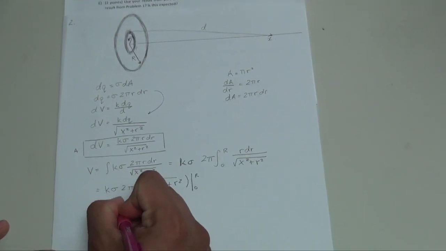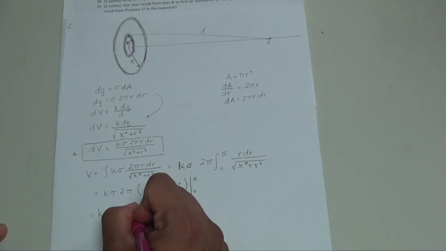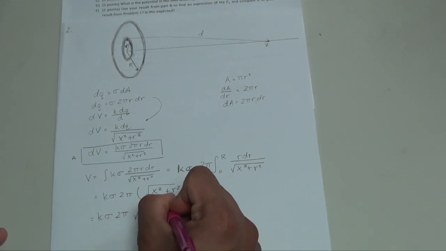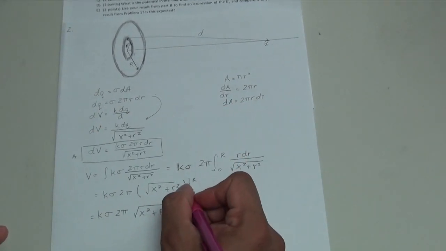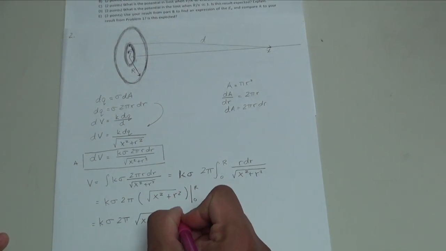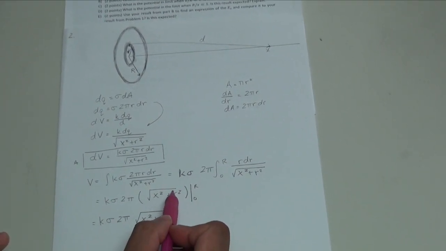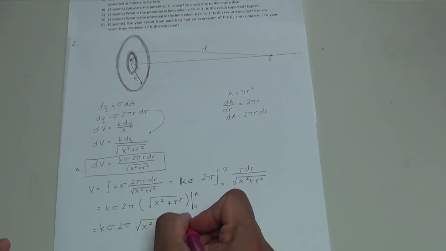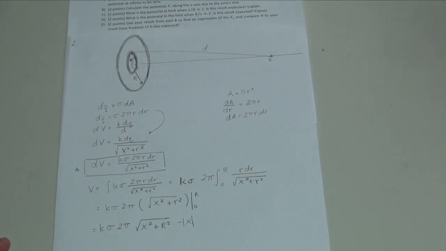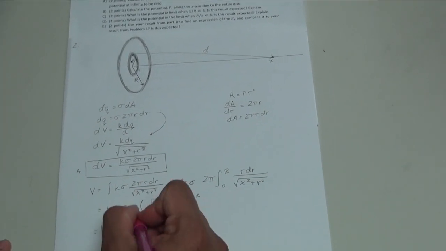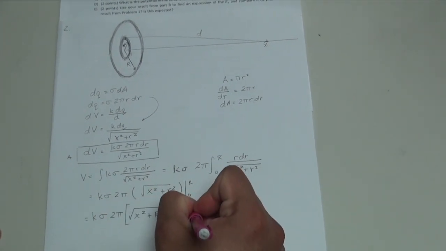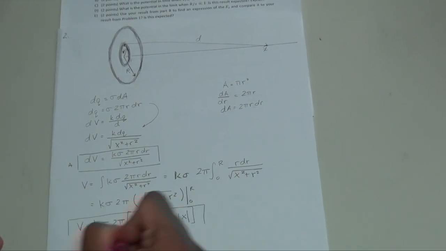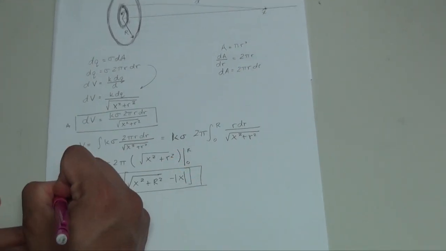So let's plug in R. That will give us the square root of x squared plus big R squared. And on the right hand side, on the other limit, we're going to get 0. So it's going to be the square root of x squared, which will give us simply x, or the absolute value of x actually. And let us not forget one more bracket. And this is our answer for part B.